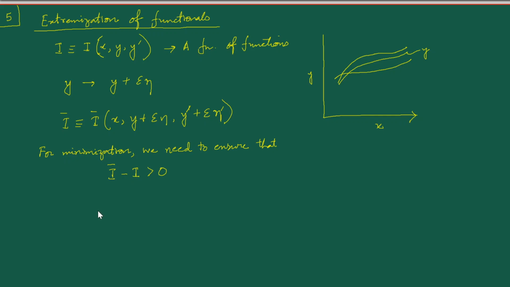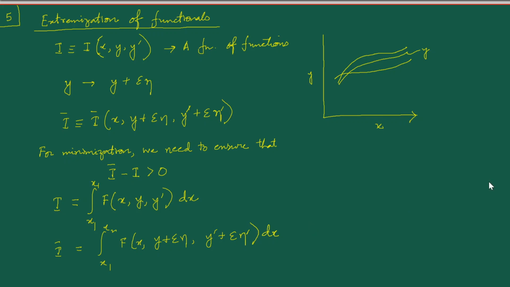Okay, so what we'll say is that this I bar, okay, writing it properly, so our integrand is f x y dash, and our I bar is, okay.